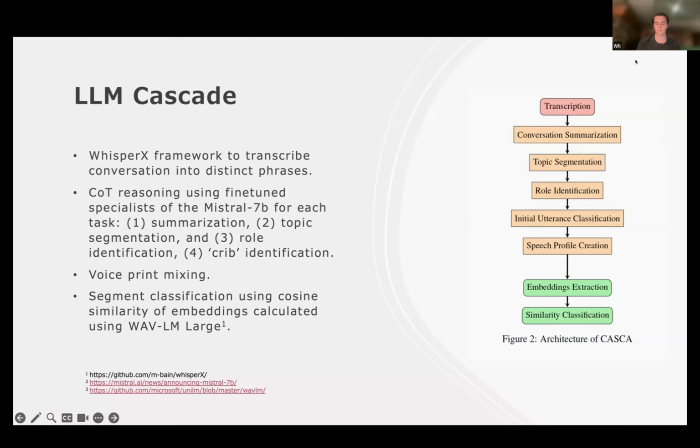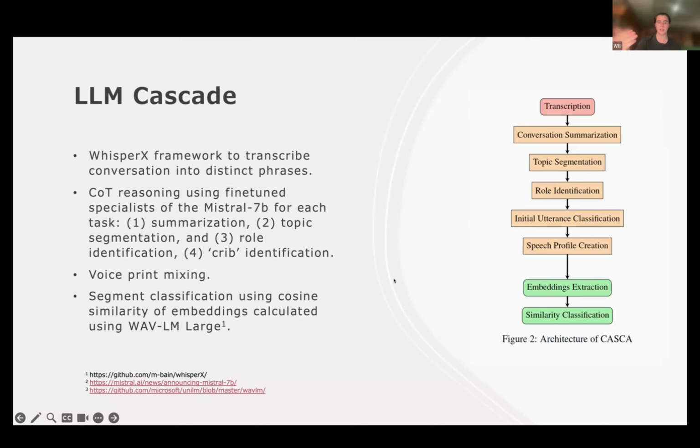And then fourthly, crib identification. Cribs are those phrases which are clearly associated with one of the two speakers. After that, voice print mixing, where we take the audio associated with those phrases and mix them into a voice print for each of the two speakers.